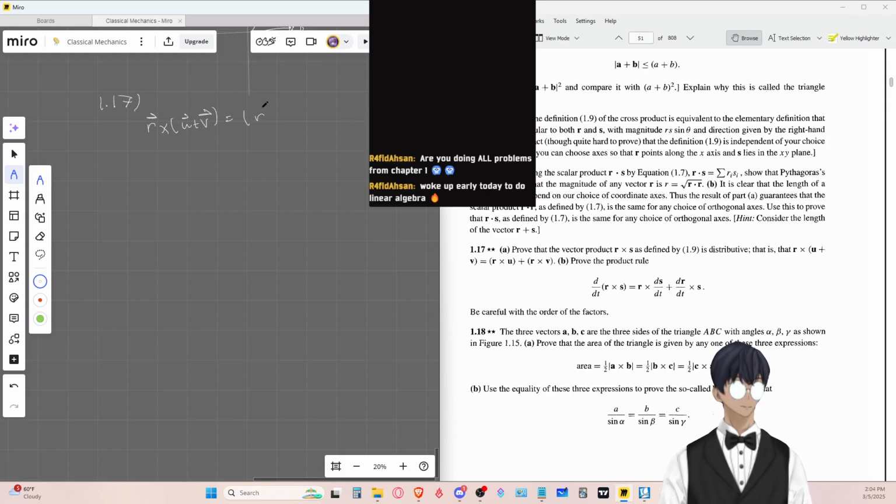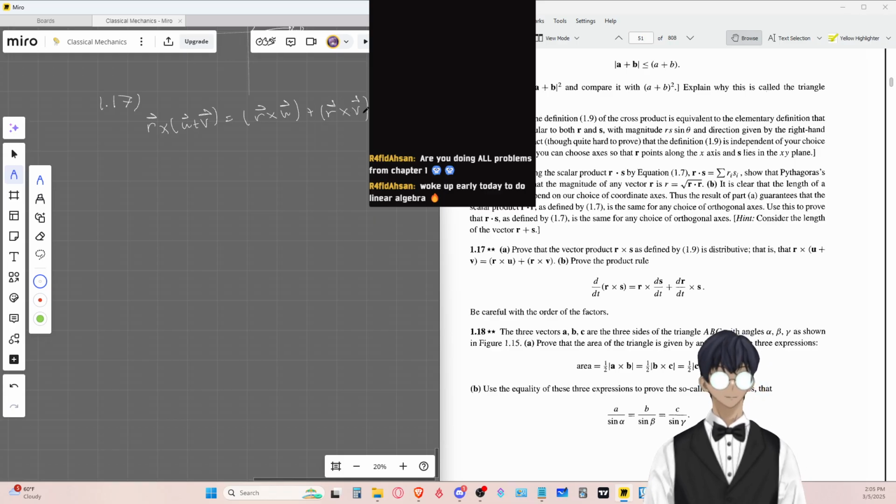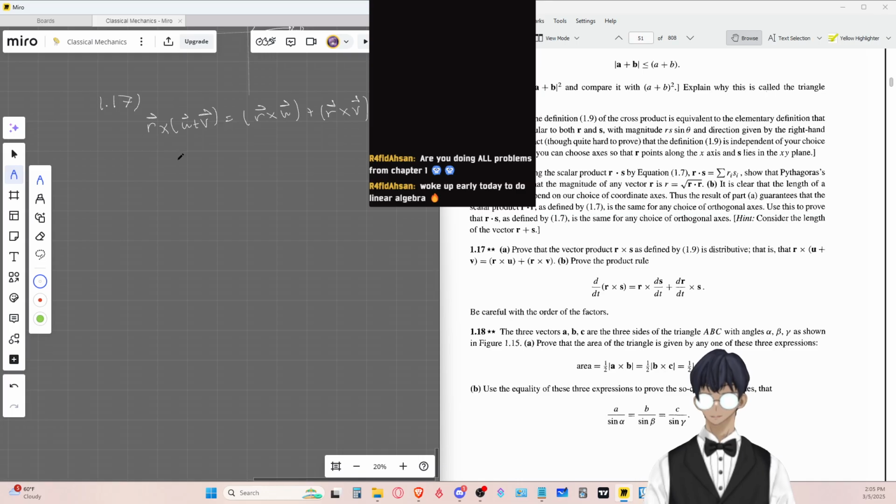Meaning that... Oh, this should be fun. I feel like we're going to do a lot of component notation here.